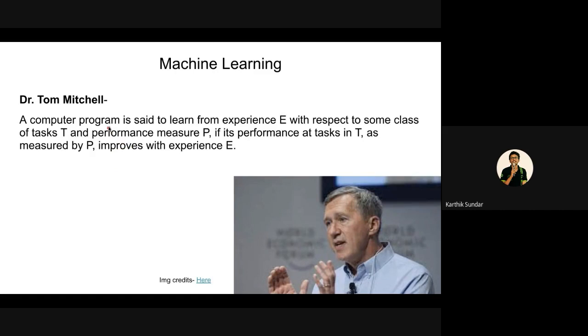What he really means is, let's say the task is to find, given an image, whether it's a cat or a dog. The performance is going to be the accuracy, like how accurately you are predicting the images. And experience E is going to be data.